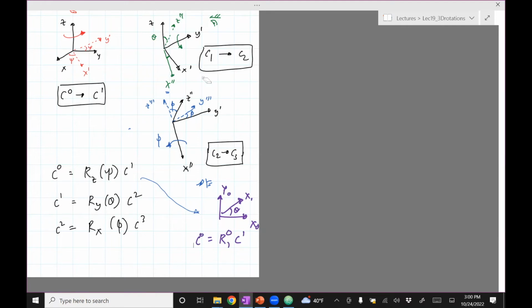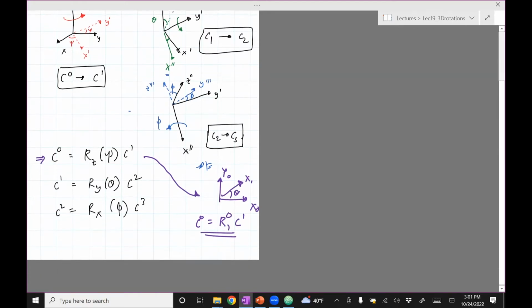I followed the same logic here. The same formula is over here. This is for 2D, but here I'm just extending it to 3D one at a time. So all these rotations are similar to 2D rotations because they're about one axis, and so I can repeatedly apply this formula.